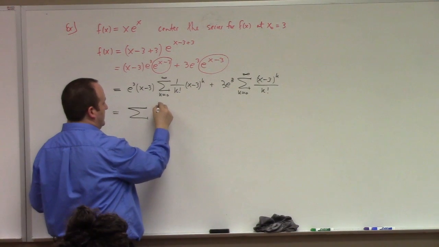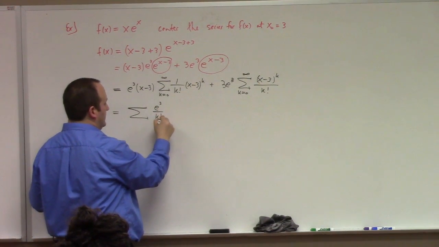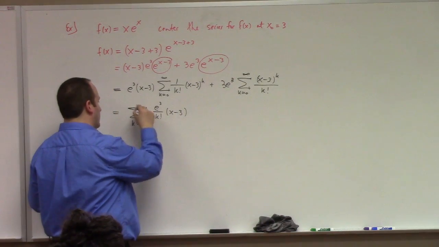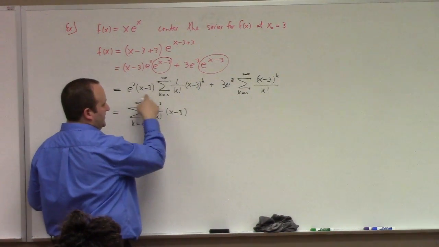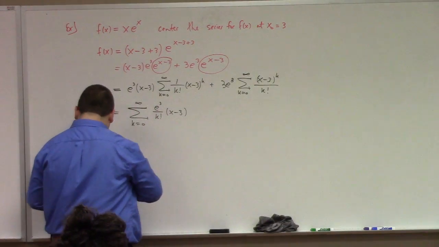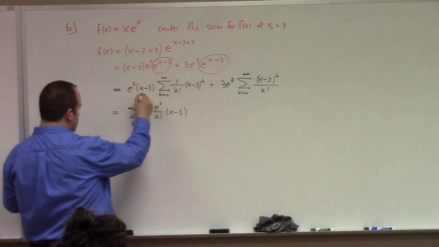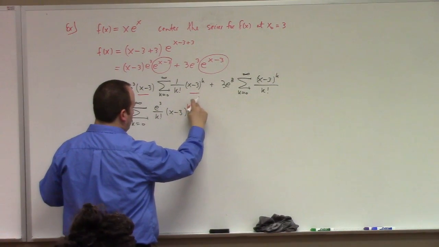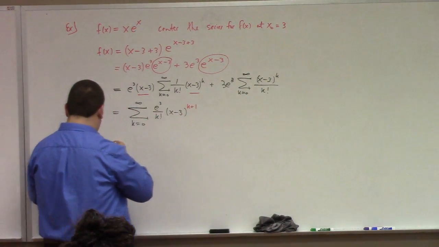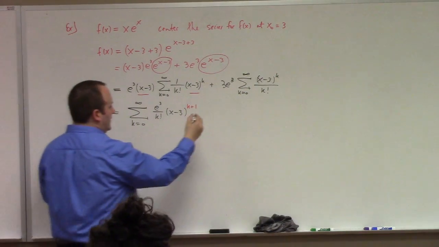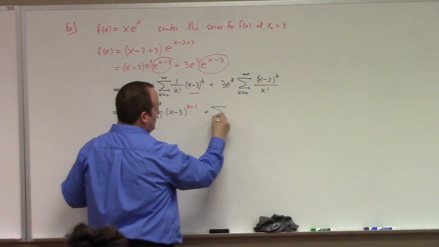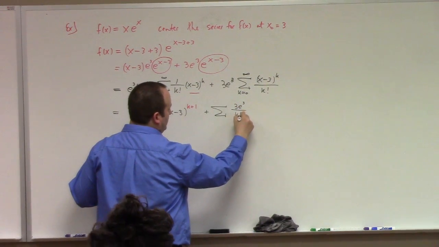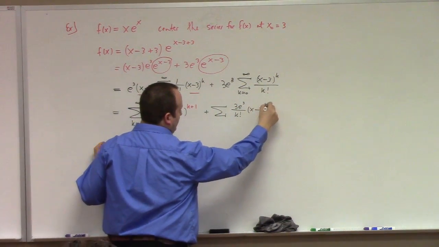It says e to the 3 divided by k factorial, (x minus 3) to the what power? k times that gives me what? k plus 1, yeah. And then on the other sum, I have plus the sum, 3 e to the third power divided by k factorial, (x minus 3) to the k power.